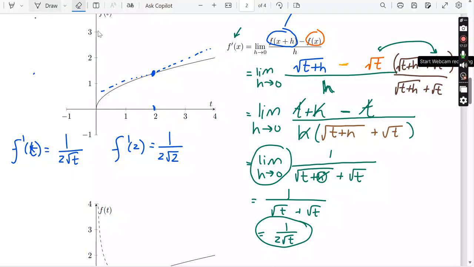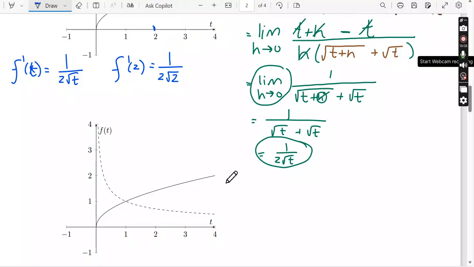So the slope of this tangent at 2, or the instantaneous rate of change at 2, is 1 over 2 root 2. Obviously, there's no context here, but let's say it was the volume over time. Then it's draining at a rate of 1 over 2 root 2 centimeters cubed per second. Okay. All right.